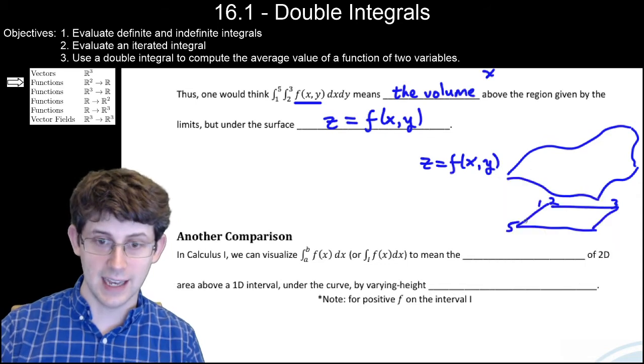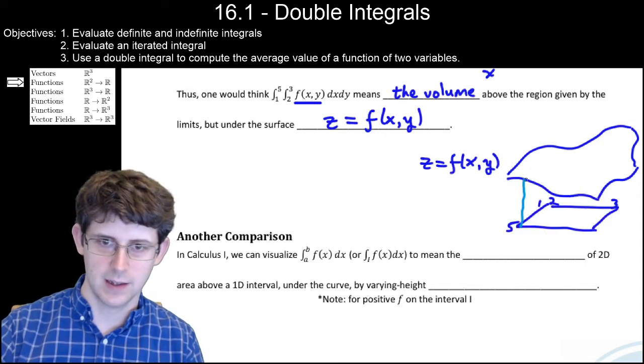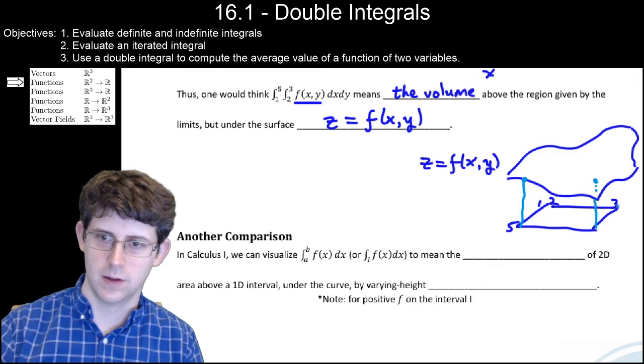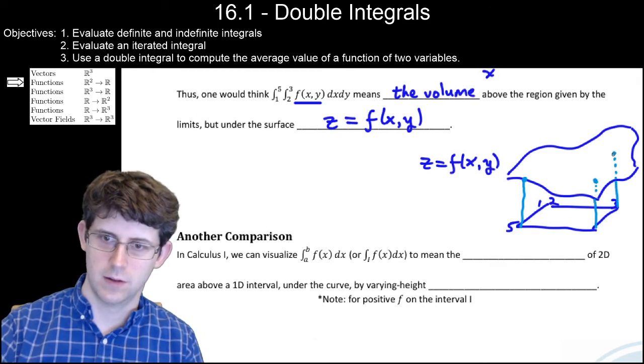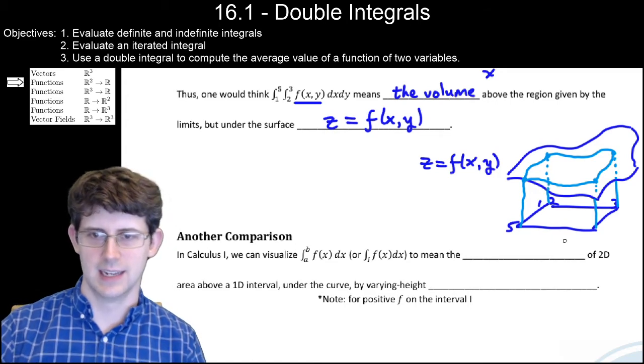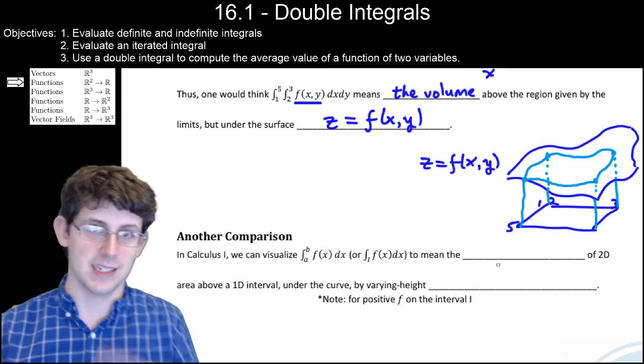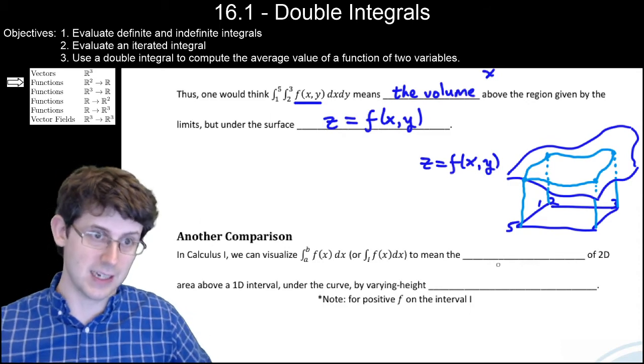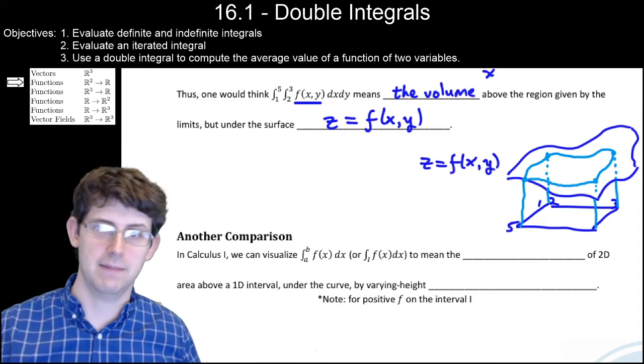And combined together, those make a solid. I don't know if you can see what I'm trying to get at here. But it's a solid under a surface above a rectangle. That's what a double integral can mean.